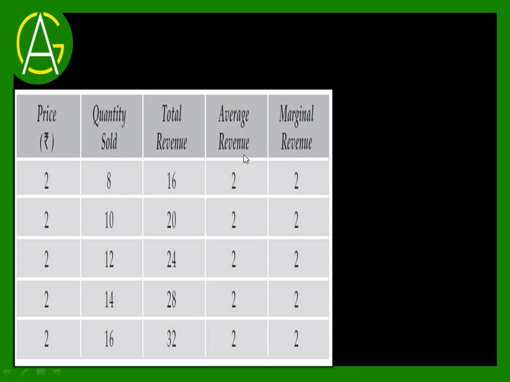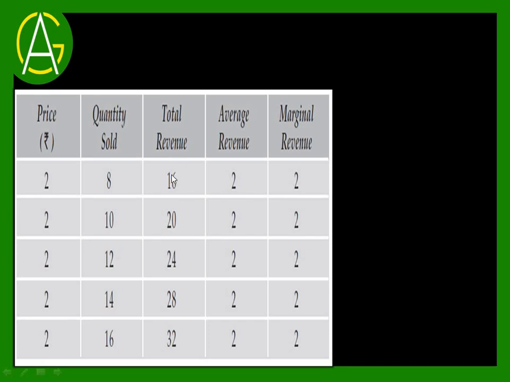Now we want to find the average revenue. You know the formula: total revenue divided by quantity. Total revenue is 16 divided by 8. 16 divided by 8 is 2. So 2 is the average revenue. And let us find the marginal revenue. Marginal revenue means delta total revenue upon delta quantity. So the change in total revenue is how much?